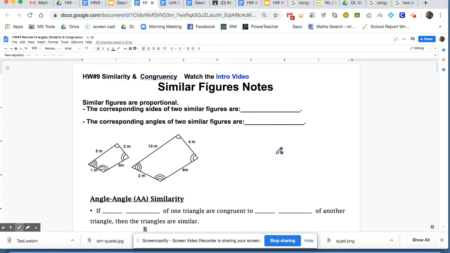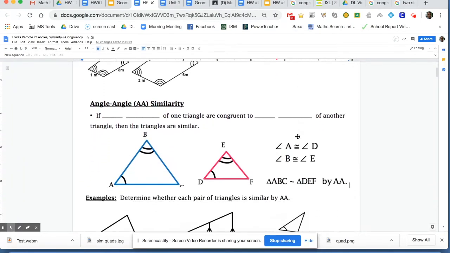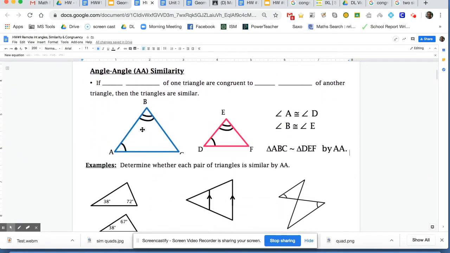And we could look at some shortcuts for triangles. So here's an example of a pair of triangles where we only see that there are two pairs of congruent angles.